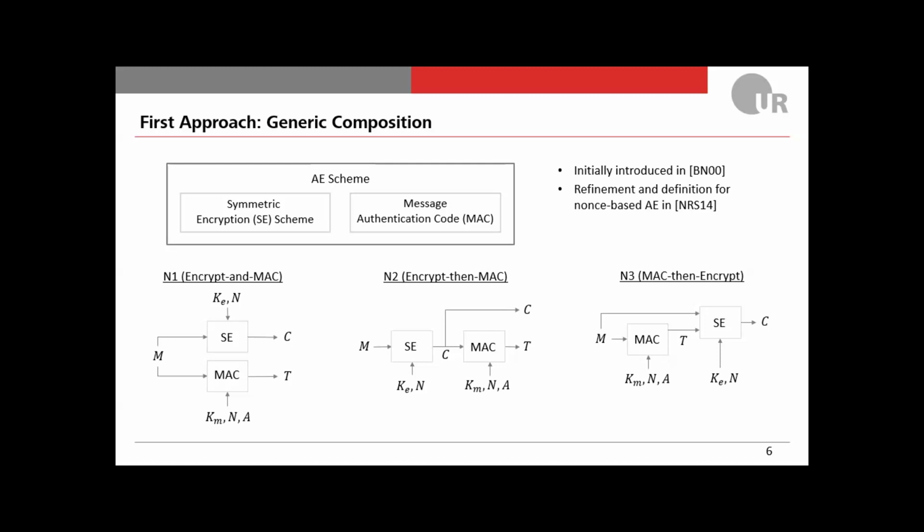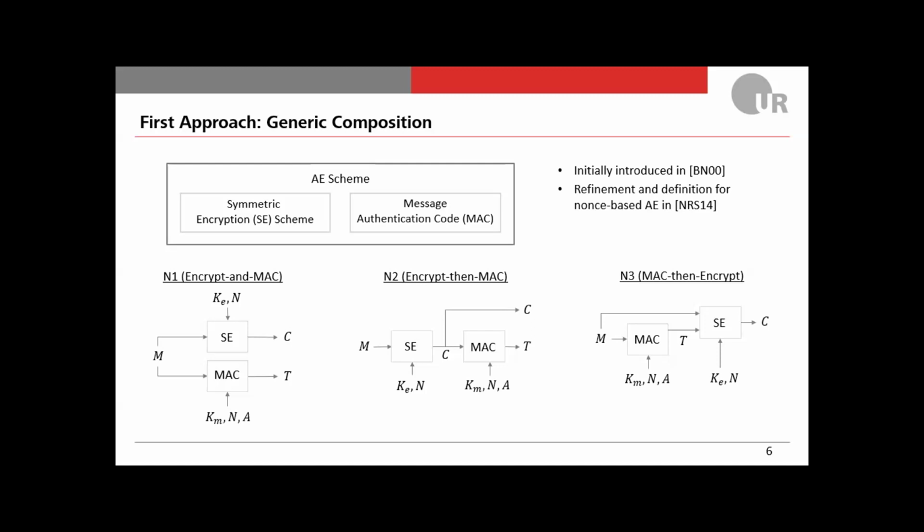However, in both cases, both ciphertext and tag are output separately. And this is different for N3, which follows MAC-then-encrypt. Here the tag is first computed using the message, and then both message and tag are encrypted, and the symmetric encryption scheme outputs the ciphertext.